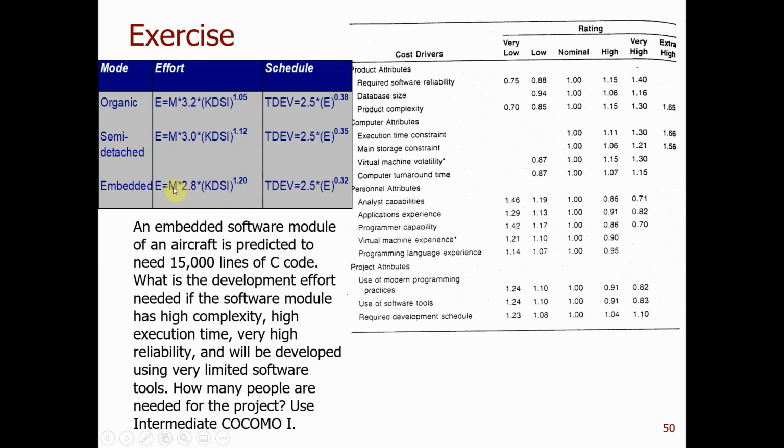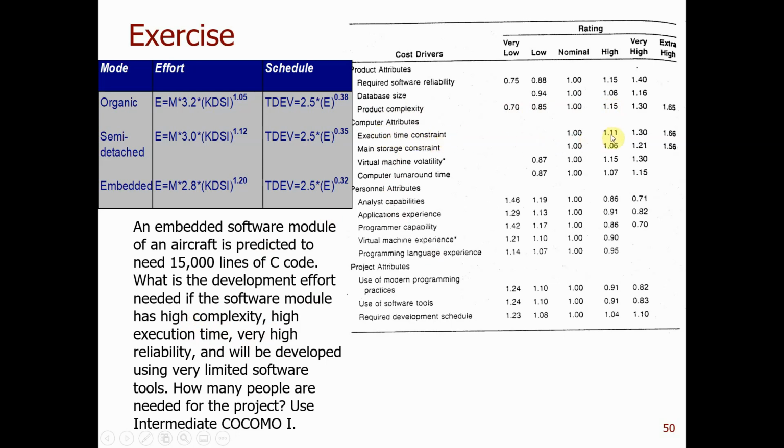What is M here? From here we see that the module has high complexity. So you're looking at product complexity being high. Then you look up the table, high is 1.15. Product complexity is 1.15. And the high execution time constraint, which belongs to the computer attributes, is also high.